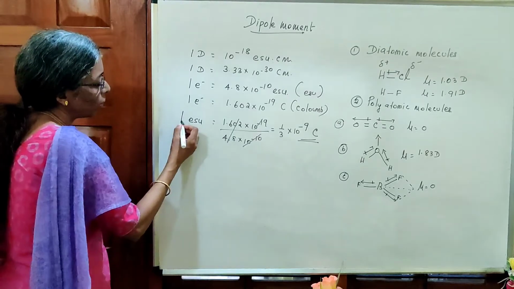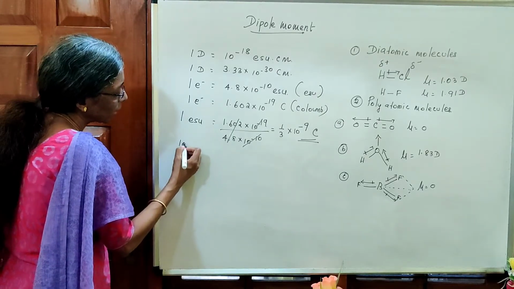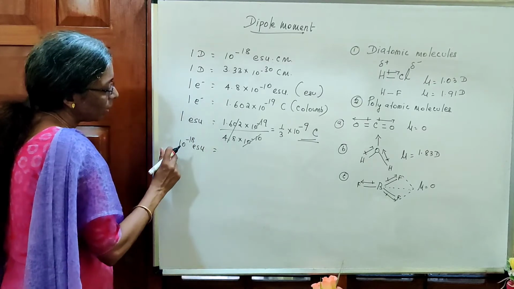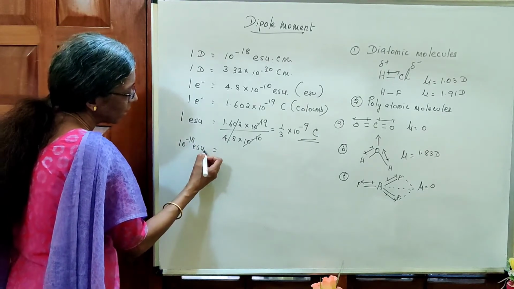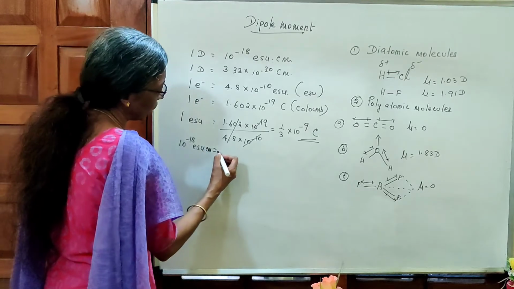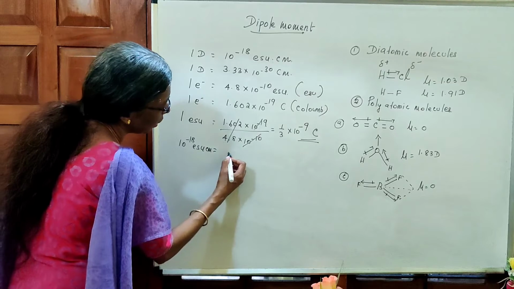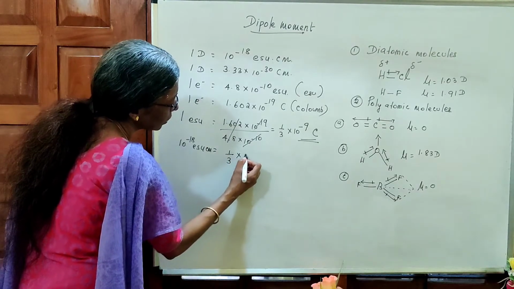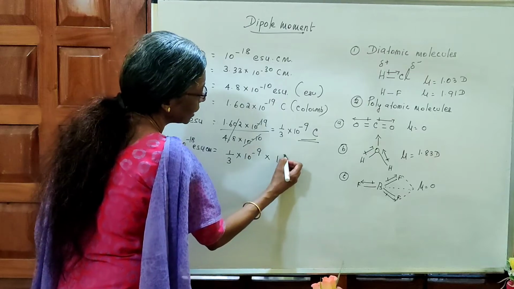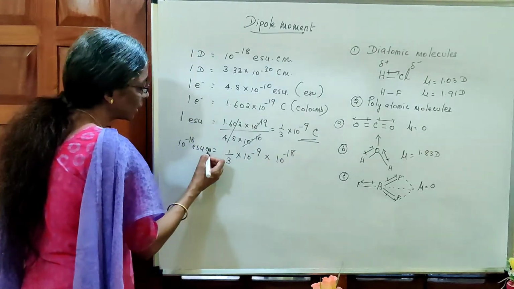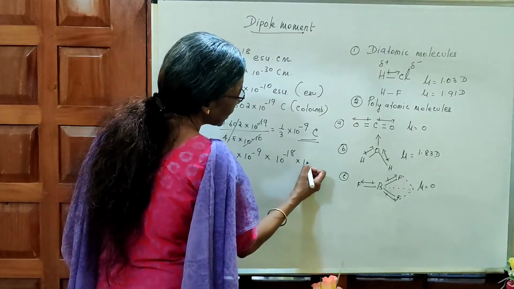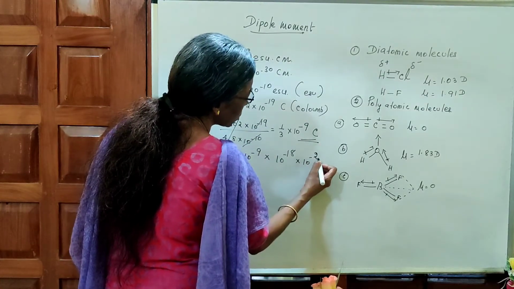Now see here, 1 ESU. So 10 raised to minus 18 ESU centimeter is equal to, how will you find this? 1 by 3 into 10 raised to minus 9 into 10 raised to minus 18. Here we convert centimeter into meter, so you add 10 raised to minus 2.